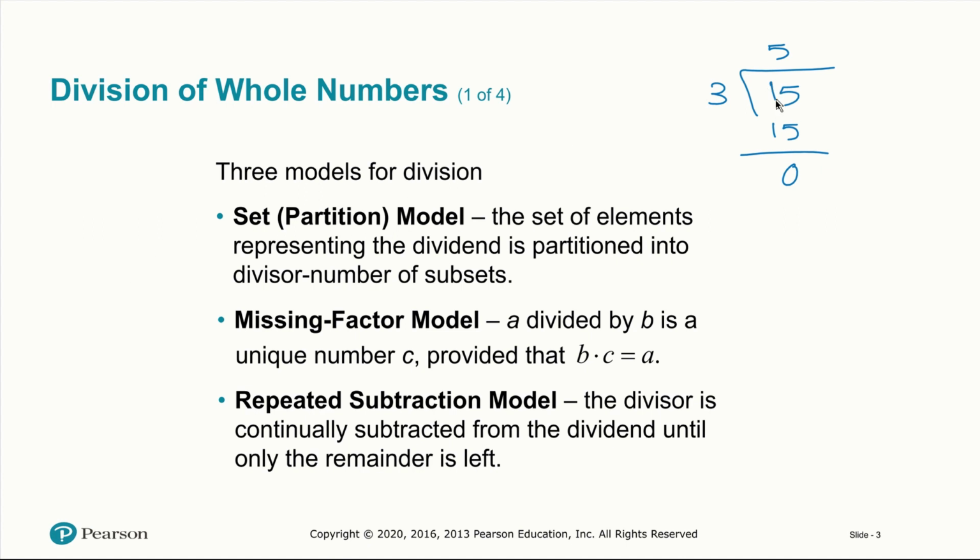So the number that's being divided is called the dividend. So the 15 here is called the dividend. The number that's being divided into 15, that's called the divisor. The result is the quotient.